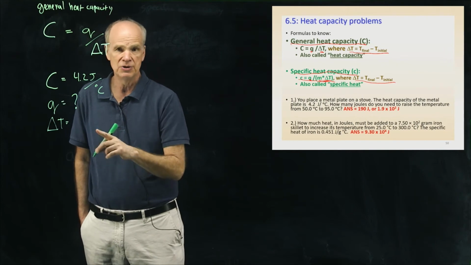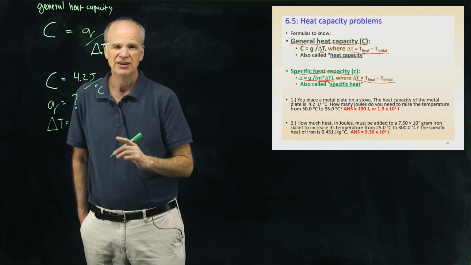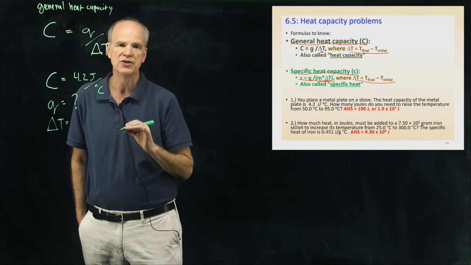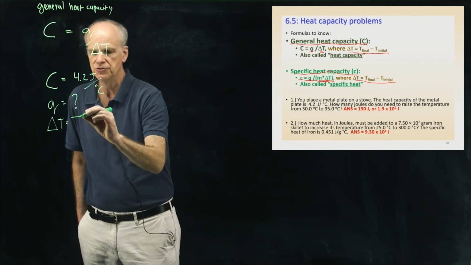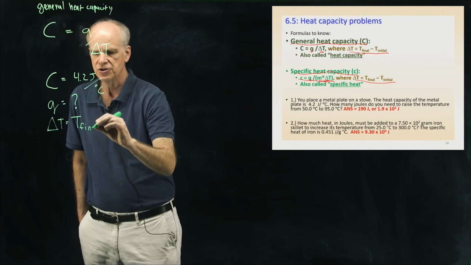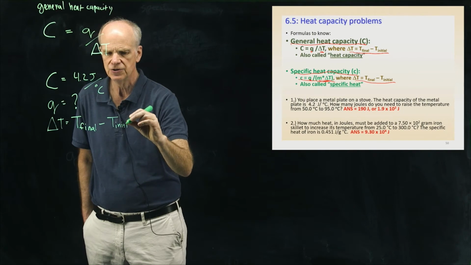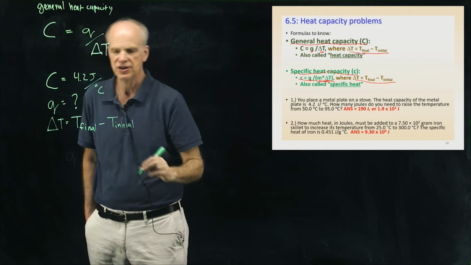Now, are we given the temperature change? Not directly, but we can calculate it. You might remember that the temperature change is equal to the final temperature minus the initial temperature. So let's calculate this now.